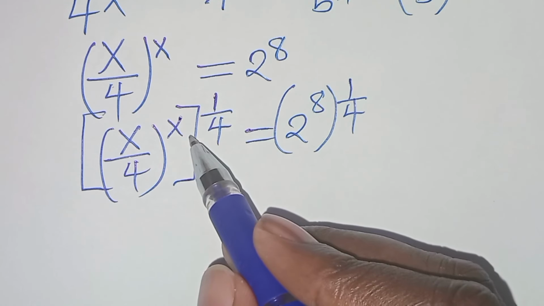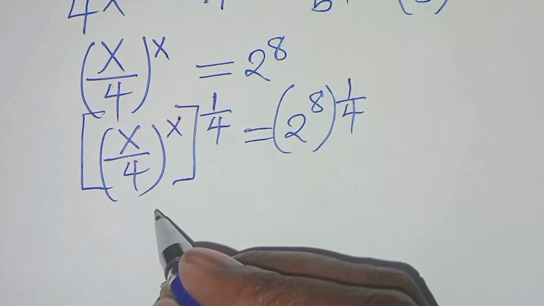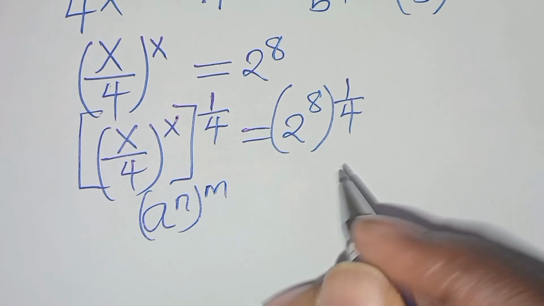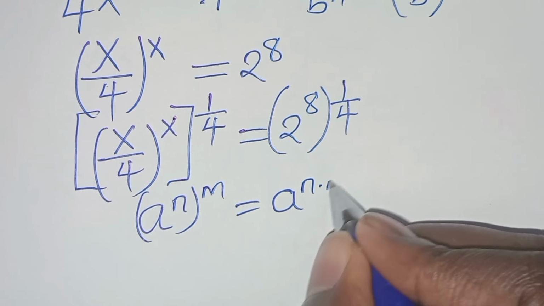The next step, x over 4 raised to the power x raised to the power 1 over 4 is in the form of a to the power n raised to the power m, which we can express as a to the power n times m.